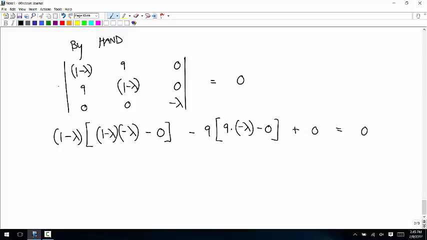Multiply it out, you get this polynomial, solve it. You can factor out the lambda, that's your root equals 0.